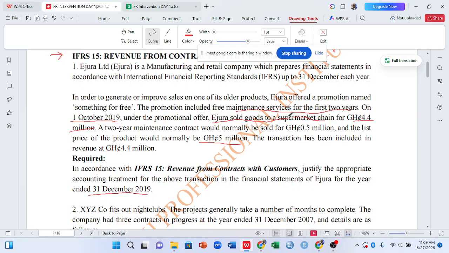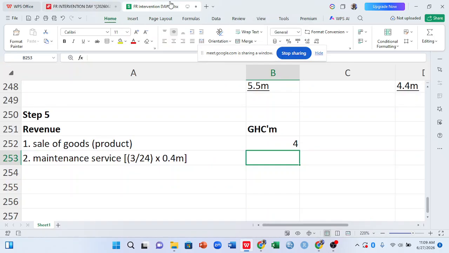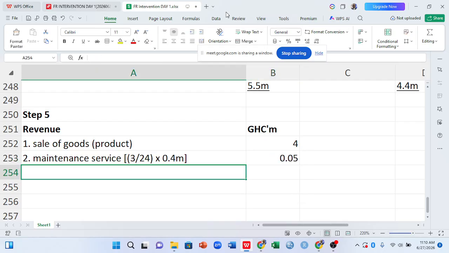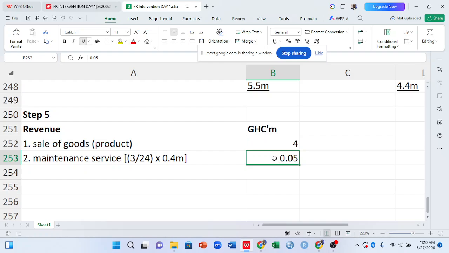So it's 3 over 24 times 0.4. What are you getting? 0.05. So 0.05. So here we get 4.05. So this becomes our revenue.